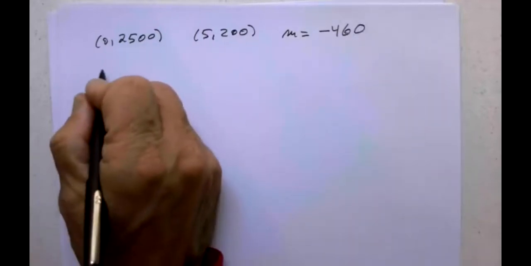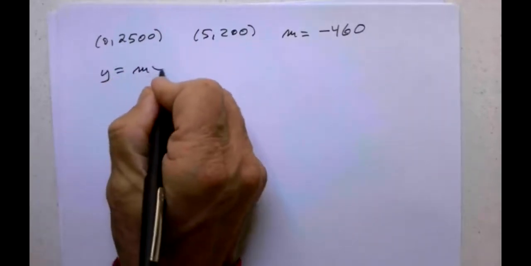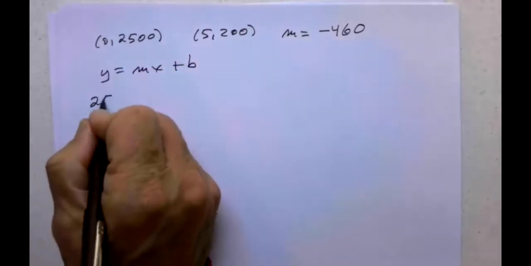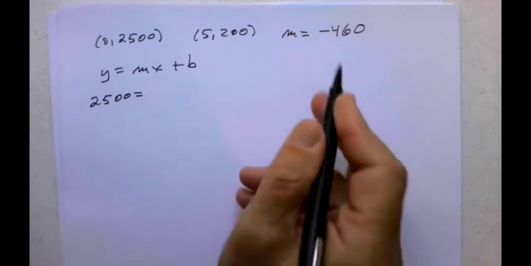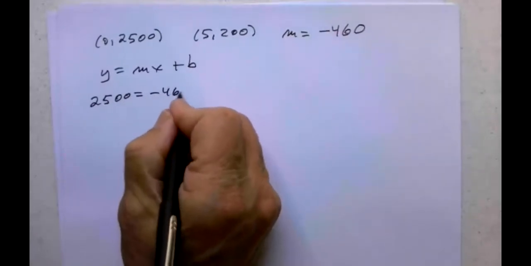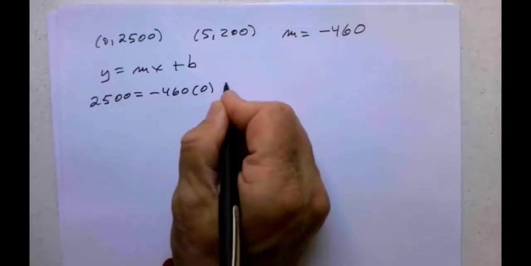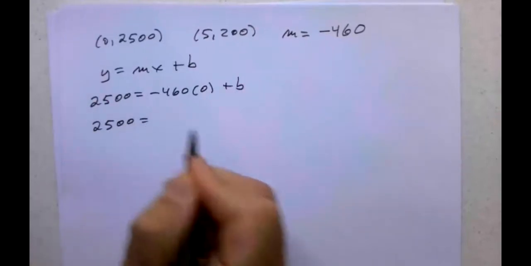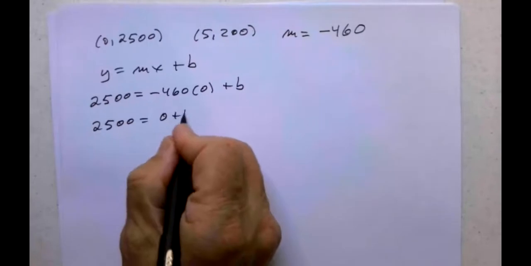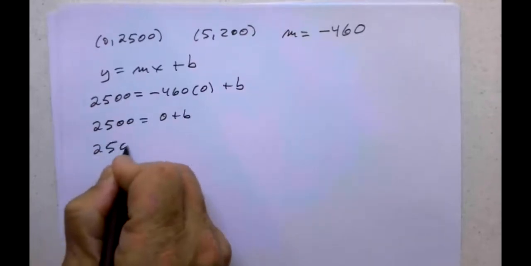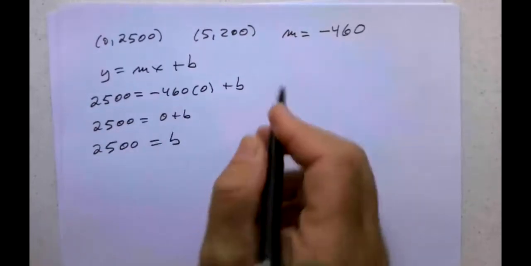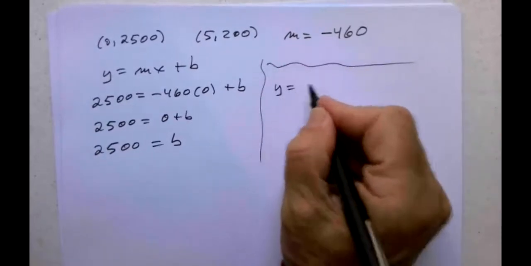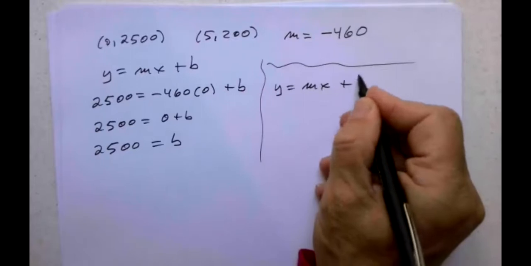I expect most students will try to use y equals mx plus b and plug in values: 2,500 for y, m negative 460, 0 for x, plus b. 2,500 is 0 plus b. 2,500 is b.